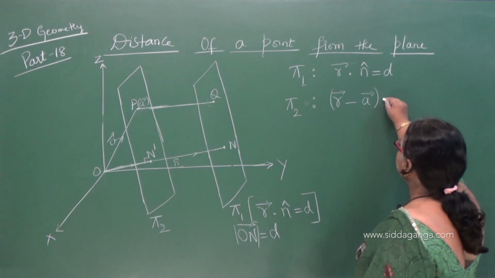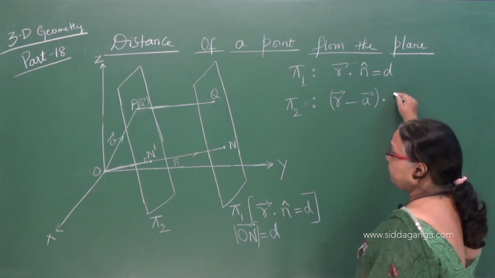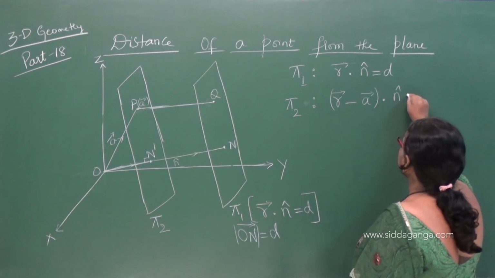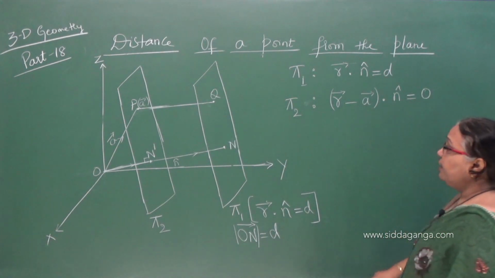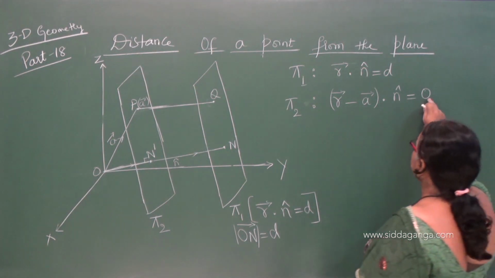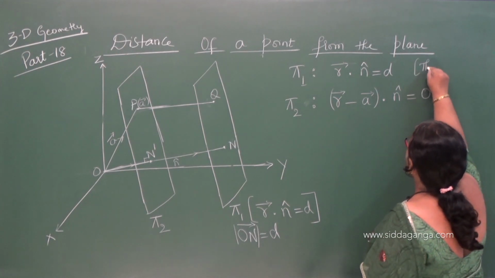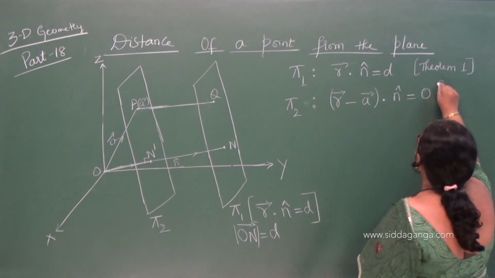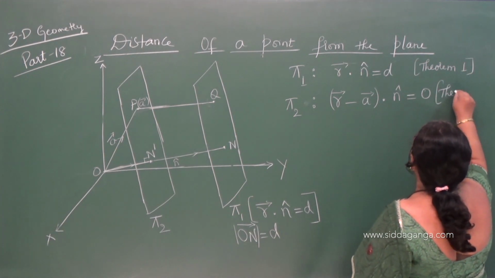So dot vector n cap is equal to 0. Now vector R minus vector A dot n cap equal to 0. This is according to theorem 1, and this is according to theorem 2.